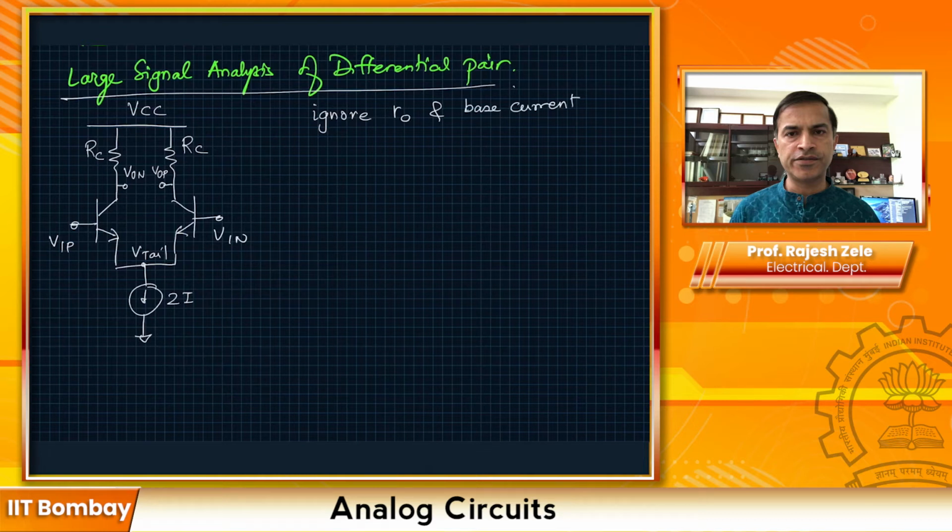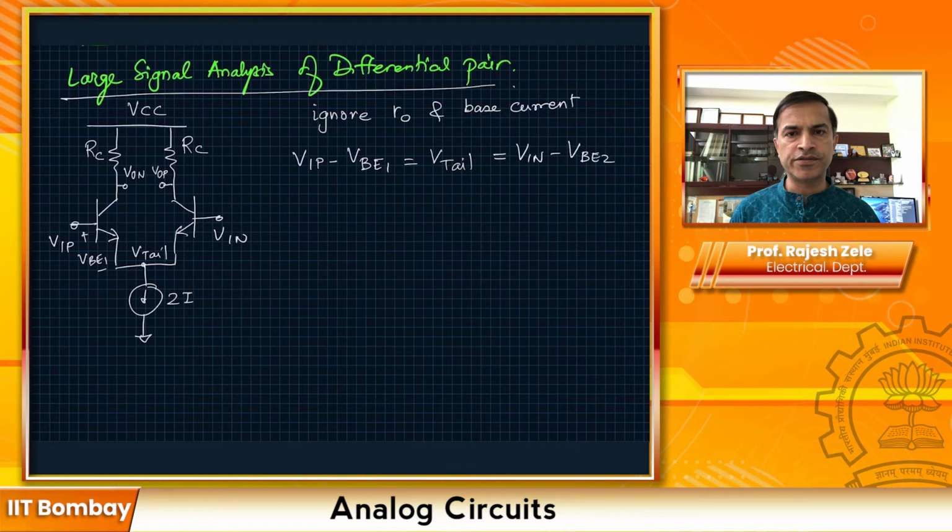Using our KVL, VIP minus VBE1, which will be right here, will be equal to V tail, and that would be same as VIN minus VBE2.